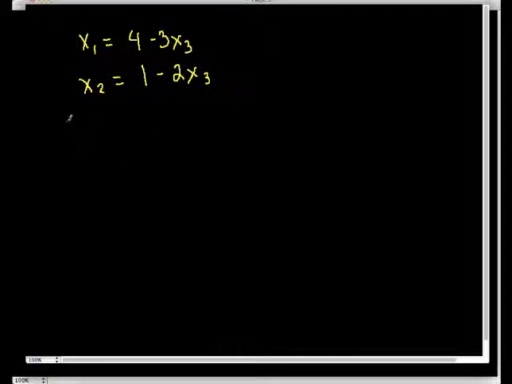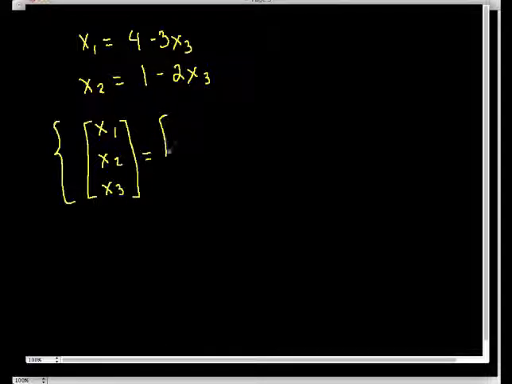So let me write those equations again because we're going to need them. x1 was equal to 4 minus 3x3. x2 was equal to 1 minus 2x3. x3 is itself, so the solution is going to be all the vectors that are of this form: x1, x2, x3, where x1 is given by this equation, 4 minus 3x3. x2 is 1 minus 2x3.